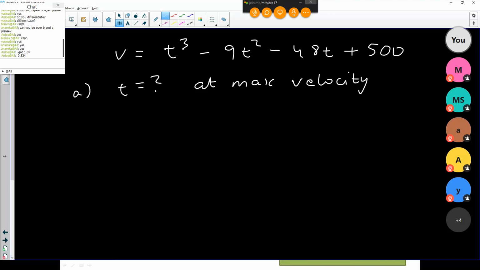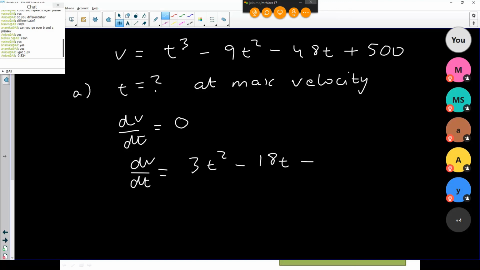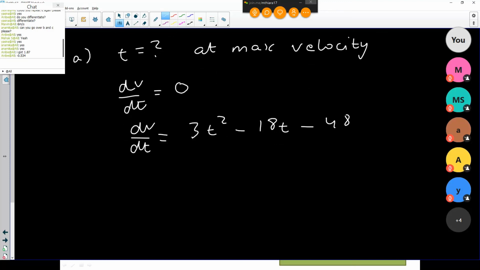How am I going to do this? Maximum velocity implies that dv over dt is equal to 0. If dv over dt is equal to 0, then I need to find an expression for dv over dt, so I'm going to differentiate. dv over dt is going to become 3t squared minus 18t minus 48, and now I'm going to make that equal to 0 and find the t value.